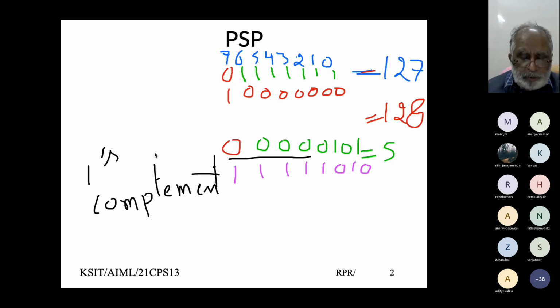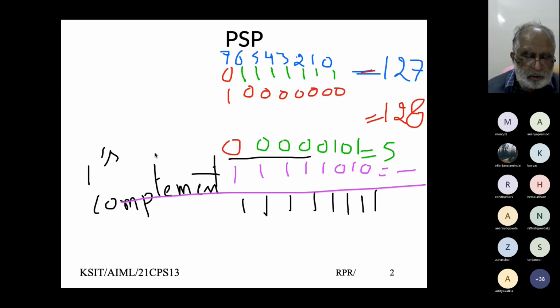In 1's complement, this is +5 and this is -5. If I were to add these numbers, everything should become 0. But when I add it, what do you get? Everything becomes 1 and not 0.